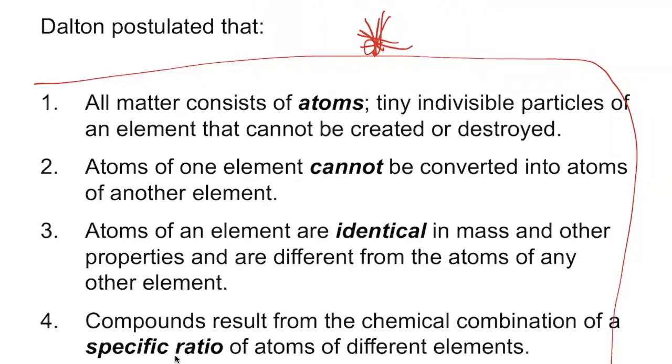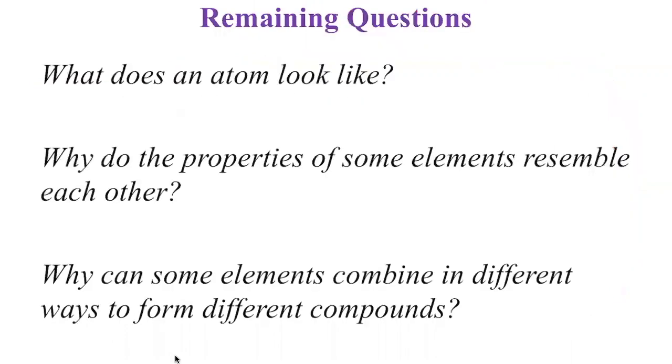Atoms of an element are identical in mass and other properties, and different from the atoms of any other element. Compounds result from a chemical combination of specific ratios of atoms of different elements. So basically what we just went over, they're just summarizing.